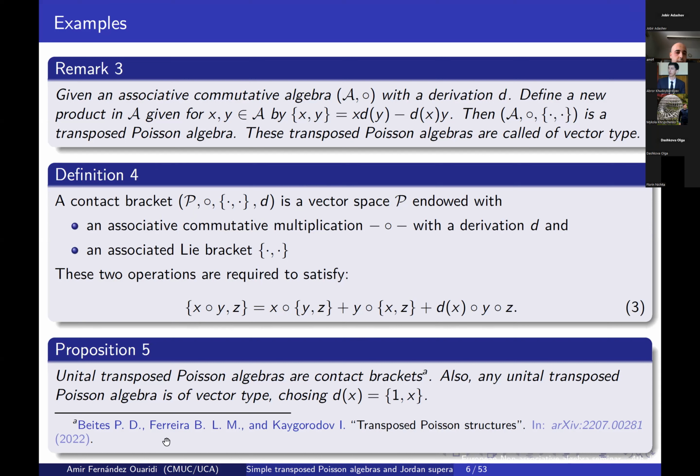Now, in this paper by Beites, Ferreira, and Kaygorodov, they show that unital transposed Poisson algebras are contact brackets, and also unital transposed Poisson algebras are of vector type by choosing the derivation D to be the multiplication of the Lie bracket by the unit.